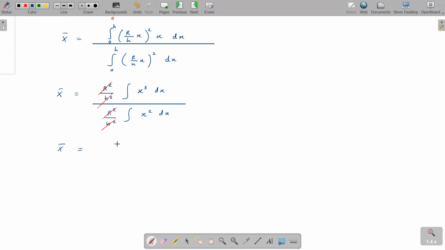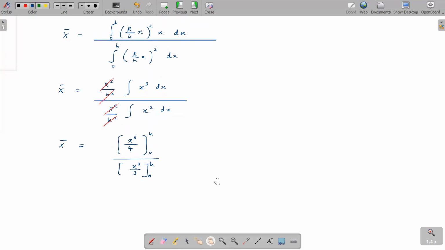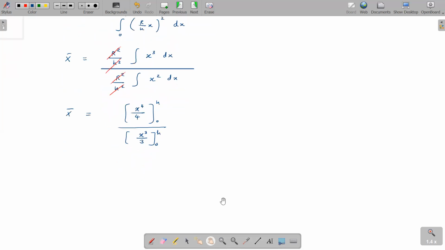When I integrate x to the power 3 in the numerator, I get x to the power 4 over 4, and the integration limits are from 0 to h. In the denominator, x square integrates to x to the power 3 over 3, 0 to h, guys. If you want, you can perform this integration of numerator and denominator separately like we did previously, but actually this is quite a simple integration, so we can do it together.